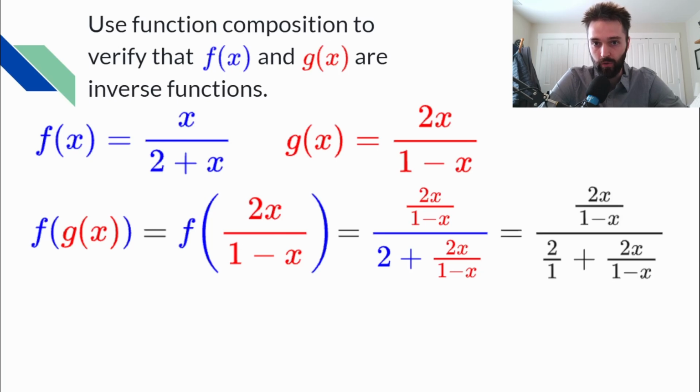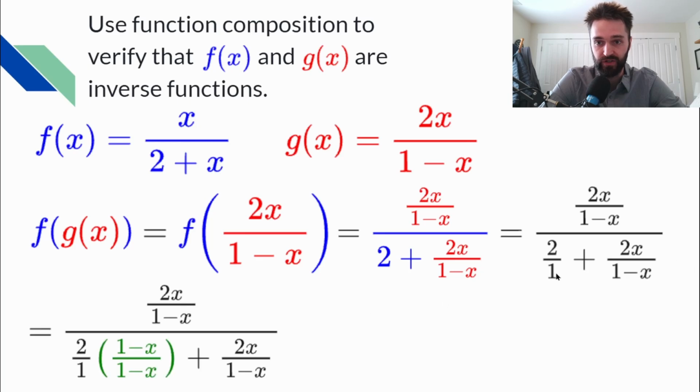The first thing I want to do to simplify this is just rewrite this 2 as 2 over 1. And we can see that down here, in the denominator of this fraction, we have some fraction addition happening. So we need to get a common denominator to condense those two fractions into one. So we're going to multiply 2 over 1 by 1 minus x over 1 minus x in green here.